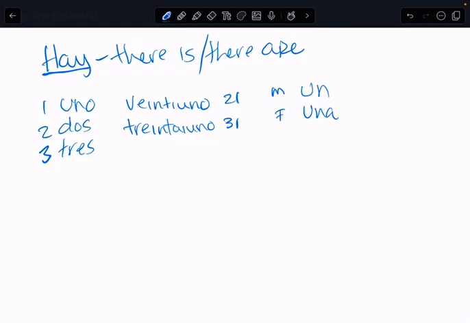But if you're trying to say one professor, you would say un profesor or una silla. This means chair. Okay? So, una silla, un profesor. That's when it changes.